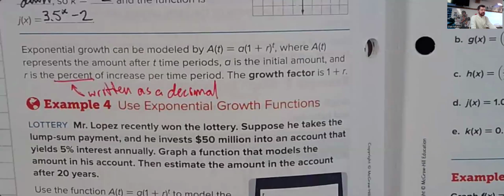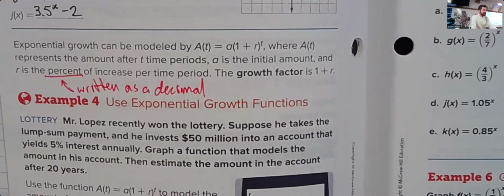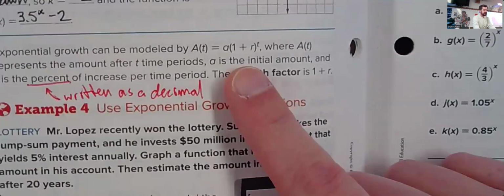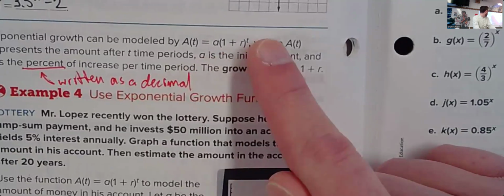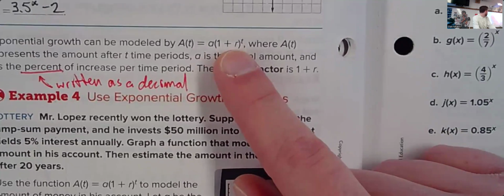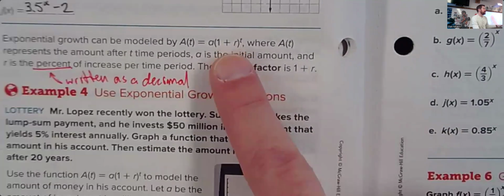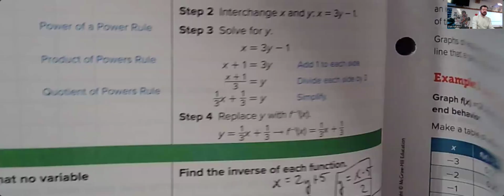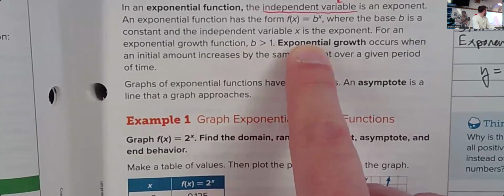So they basically are the same as just an exponential function, but instead of having a and then b to the x power, it's a times 1 plus r. It basically takes the place of b. It guarantees that the value b is more than 1, because we saw yesterday that if b is greater than 1, that would be exponential growth.